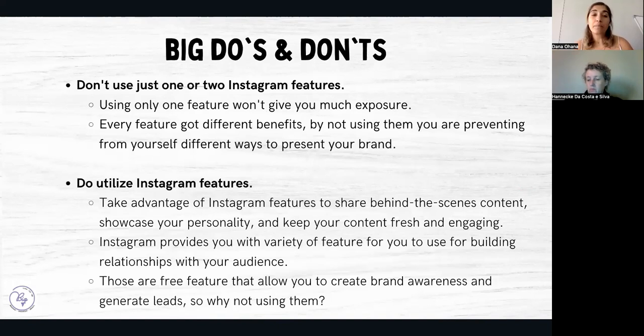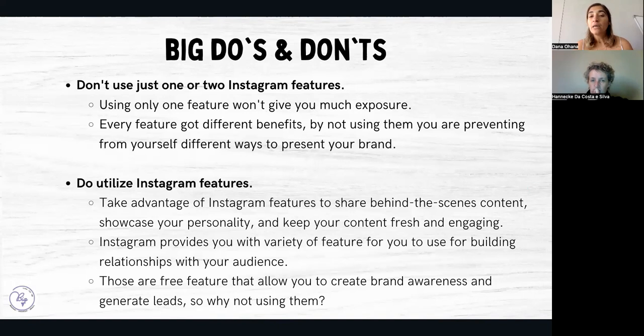The next one is about making sure that we're not just using one or two of Instagram's features. Let's say we just do Reels and posts, or we just do Reels, or we just do Stories. We want to make sure that we're actually utilizing Instagram's features, because by using only one feature, we won't get much exposure, and we're not enjoying the full benefits of the rest of the features.